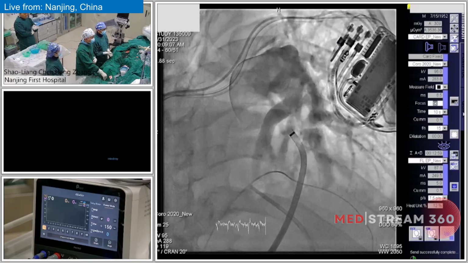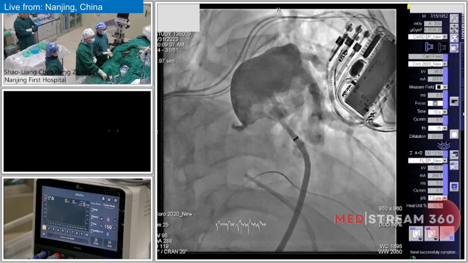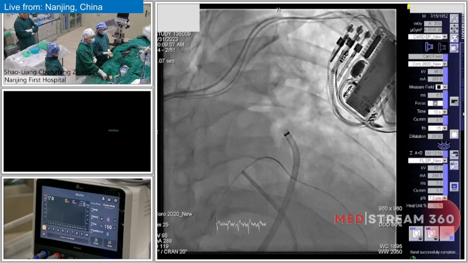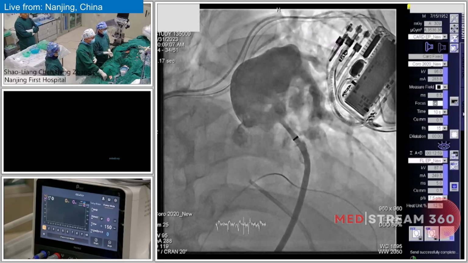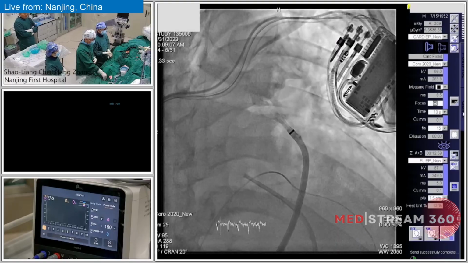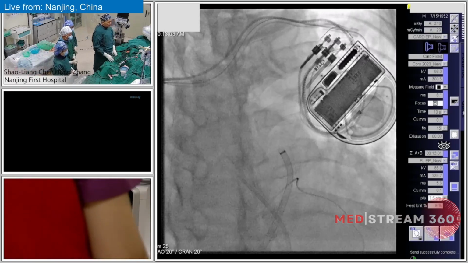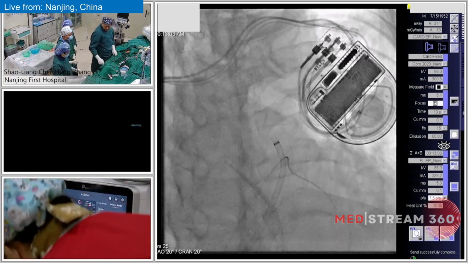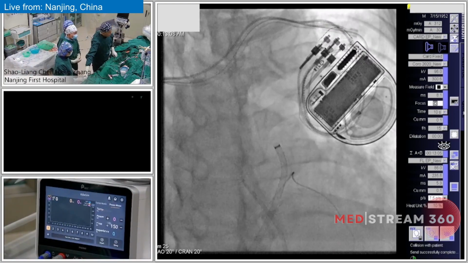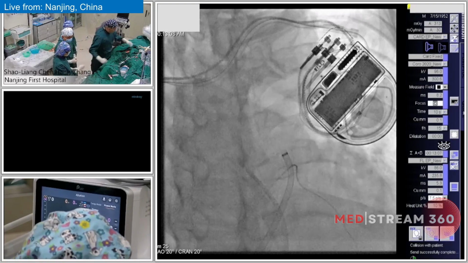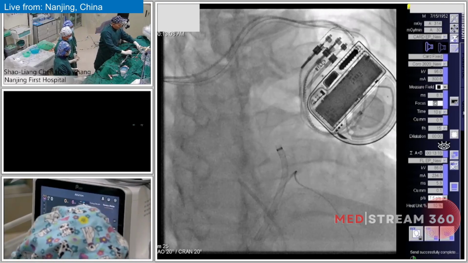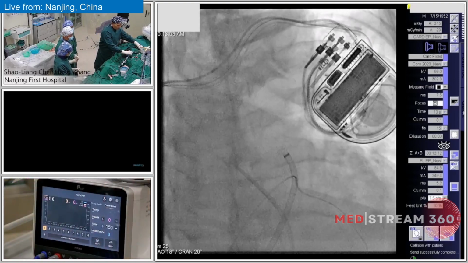Also, before the procedure, my colleague Dr. Zhang Juan has introduced that there is no finding of pulmonary embolism by CTA. Right now, you can see that when we have finished the angiography for the pulmonary artery, it is very clear to see the long sheath is just in the main trunk of the pulmonary artery, right?